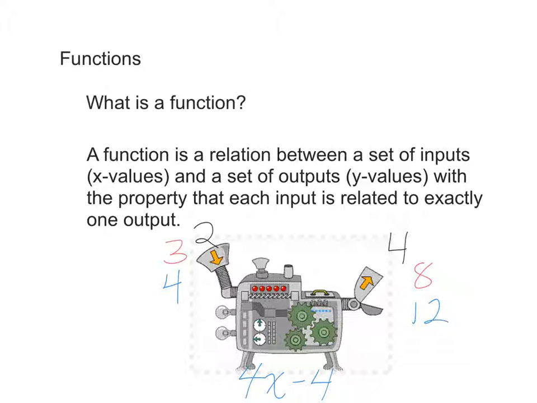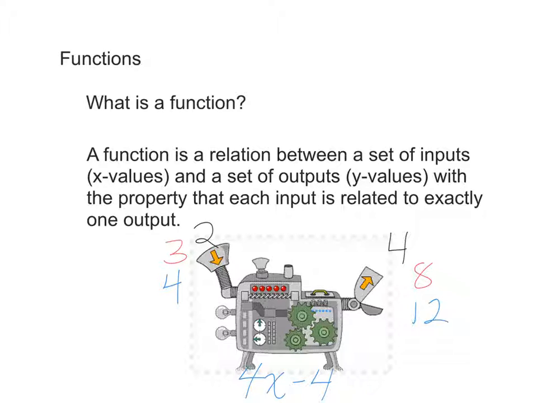It's taking the x value, multiplying it by 4, and subtracting 4. So that's what this function machine is doing. But every function is doing something different. But if you think about this, 4x minus 4, if you put in a particular x value, there's only one possible y value that could come out of it, right? And that's kind of the idea of a function.